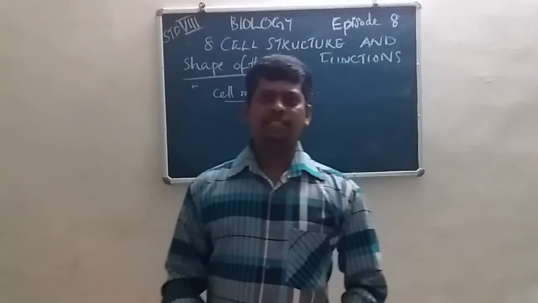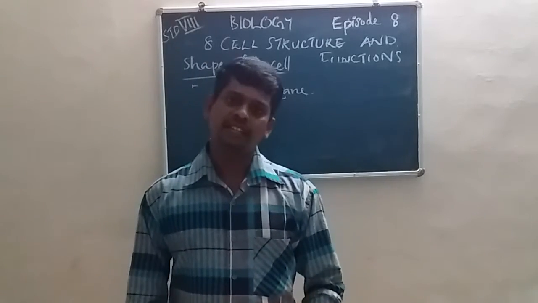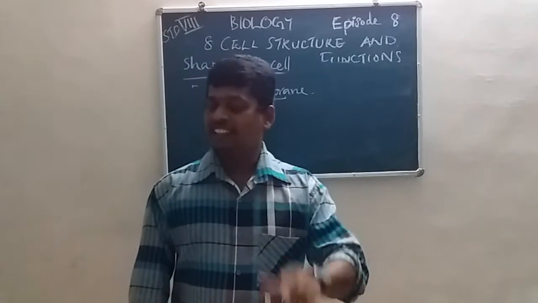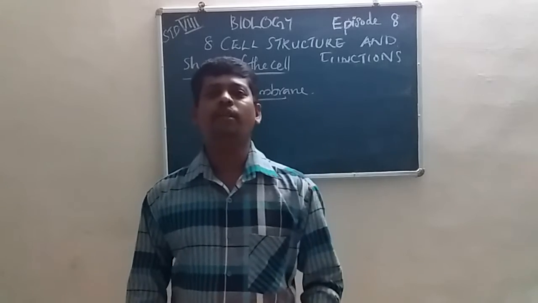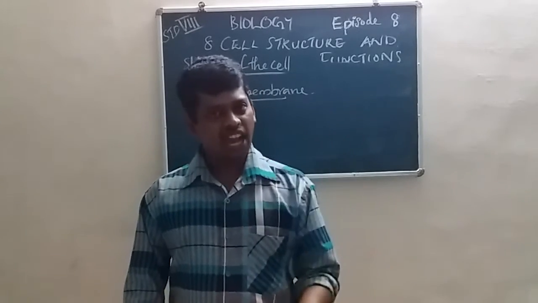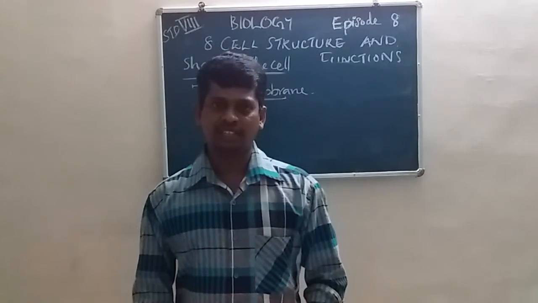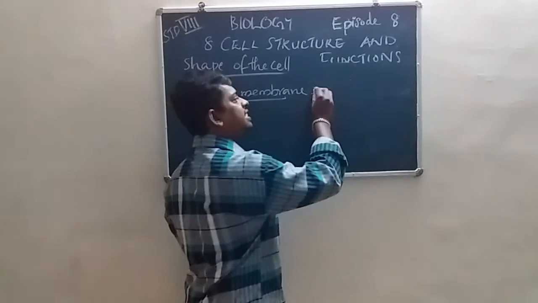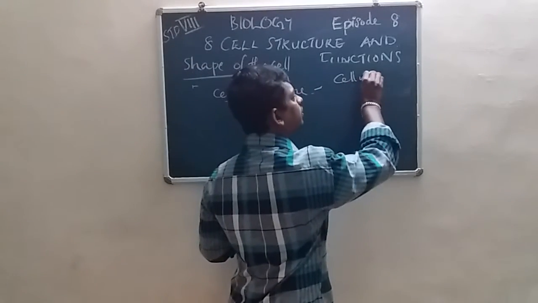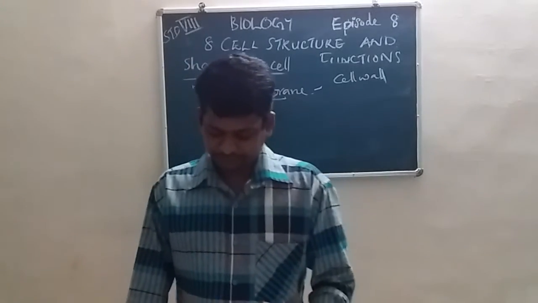Most animal cells have the cell membrane as the cell's boundary line. But in the case of the plant cell, the plant cell has an extra covering part. That is known as the cell wall.